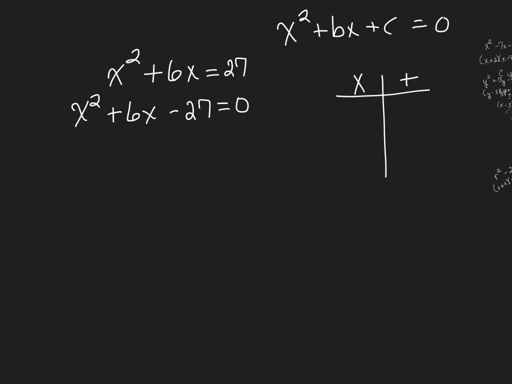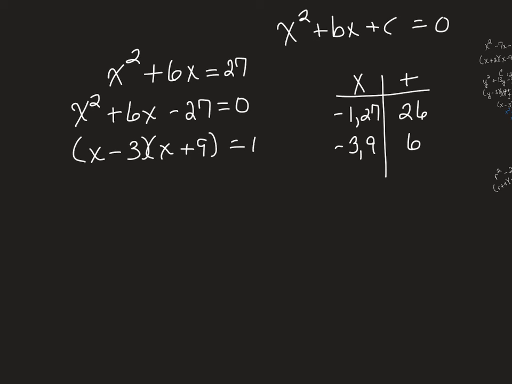So we think about 27, negative 1 and 27. And you may not even need to write that one down. And 2 doesn't go into it. 3 goes into 27, so negative 3 and 9. And when I add those, it gets me 6. So we've got our factors x minus 3, x plus 9 equals 0.